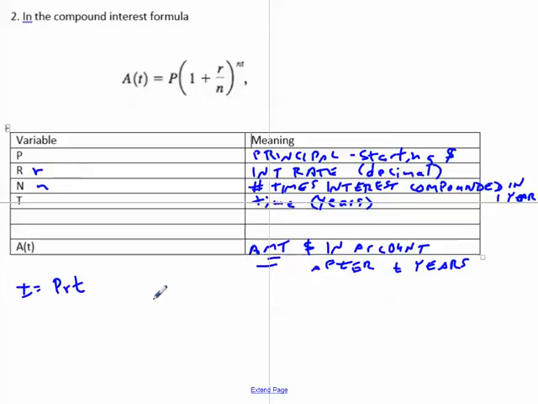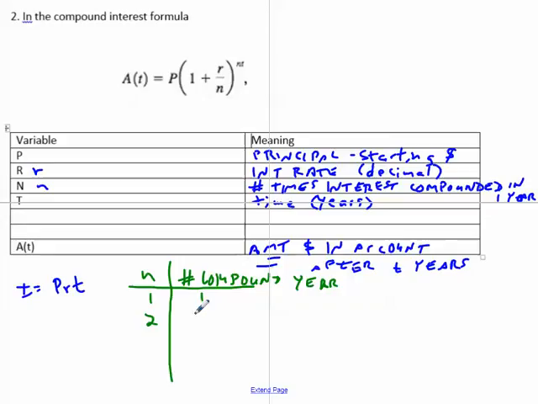So N just simply talks about the number of times that we've compounded. If N is 1, then the number of times that we compound in a year's time is 1.